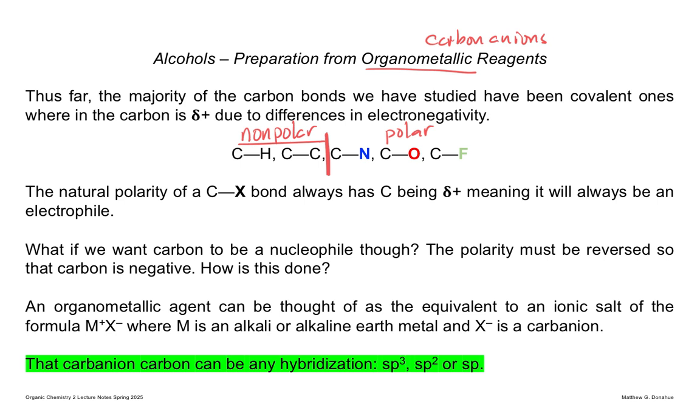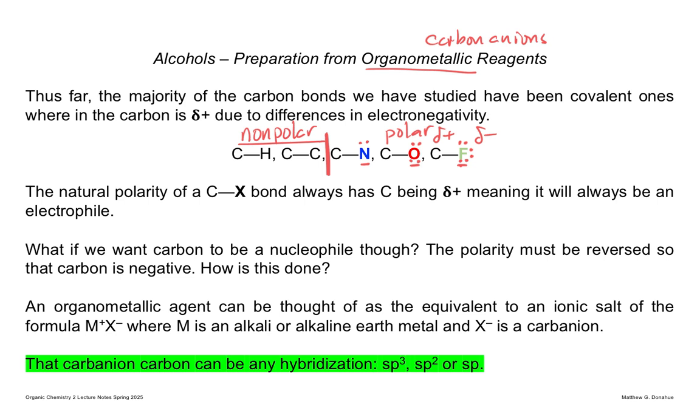And then as you substitute out for heteroatoms, you get these polar covalent bonds. In general, they're polarized because of the electronegativity, but also these lone pairs. And we can assign delta plus to the carbon, delta minus to the heteroatom. So the polarity of that bond is carbon is delta plus.